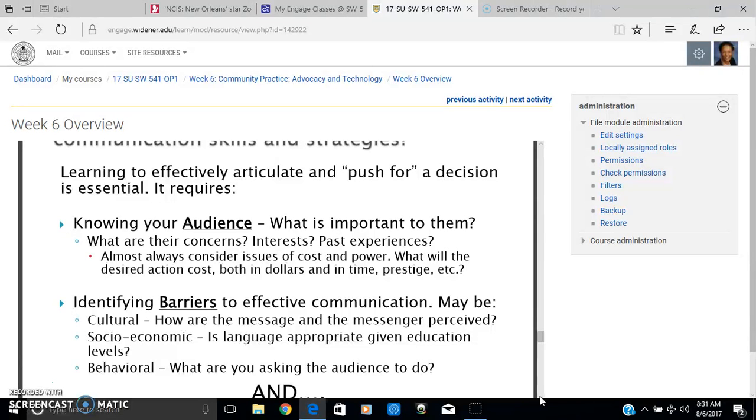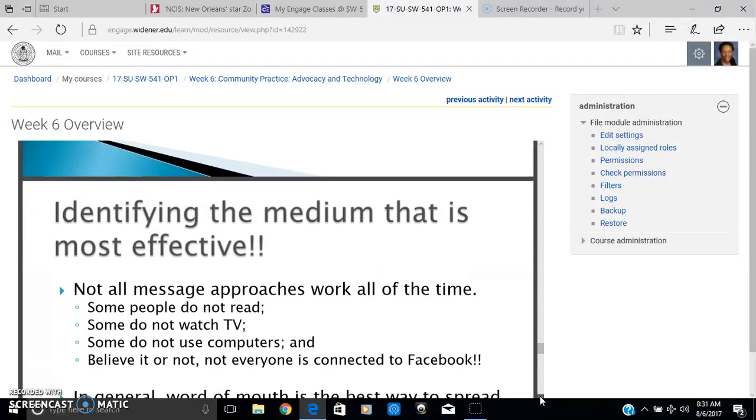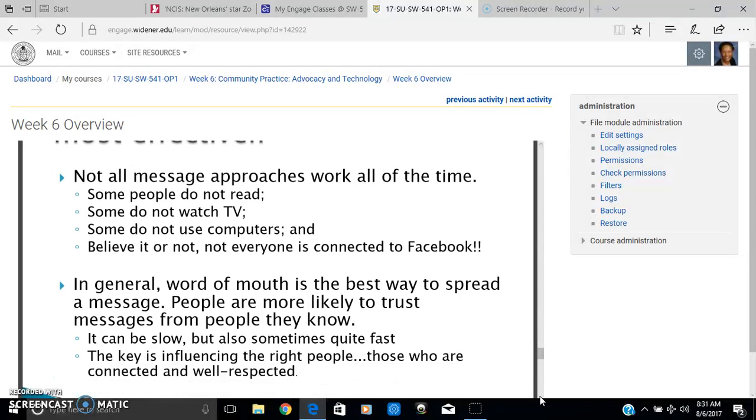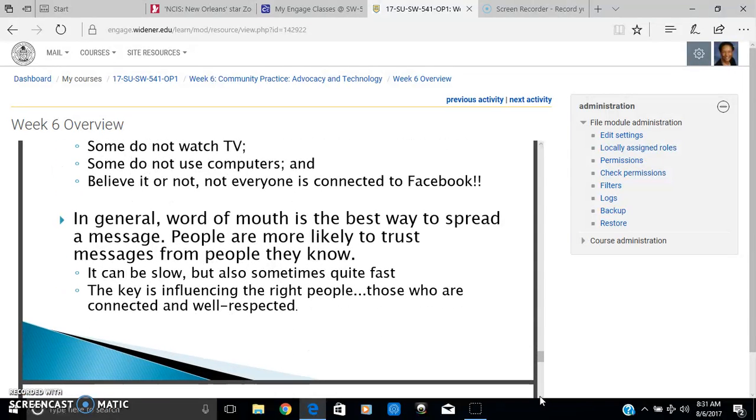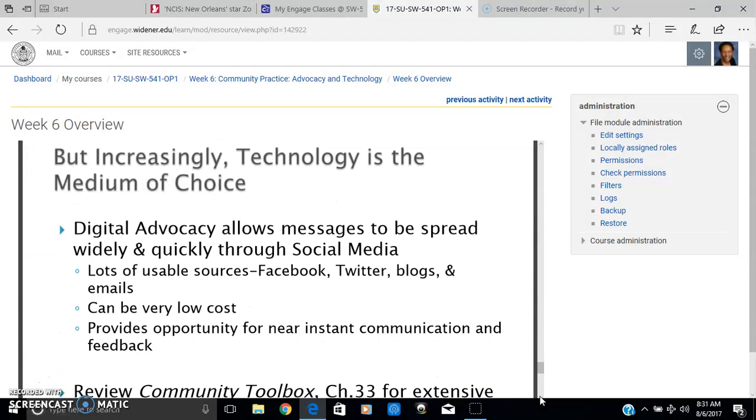Again, as I said before, what's important to them and what could be some of the barriers. What's the best medium? Know that everybody doesn't read, everyone doesn't watch TV, everyone doesn't have a computer, and not everyone is connected to Facebook. So all those methods are effective, but word of mouth in the community is often the best.